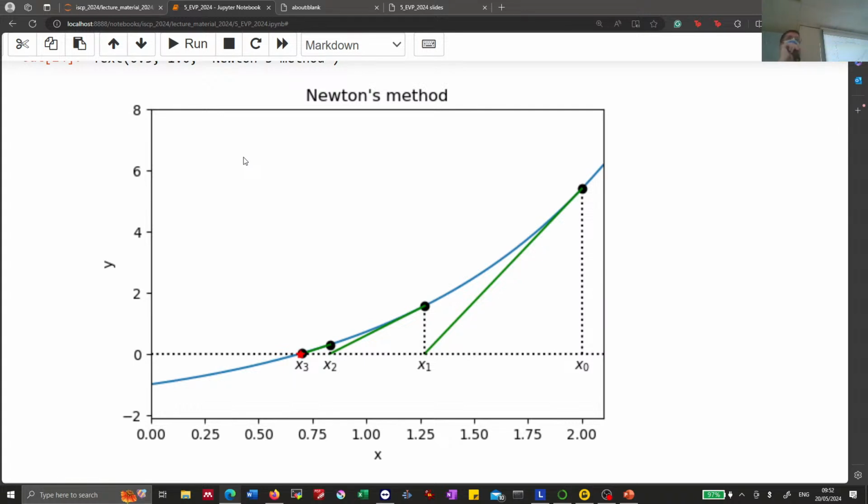Is it very different? Is it very similar? Did we need a larger or smaller number of iterations?